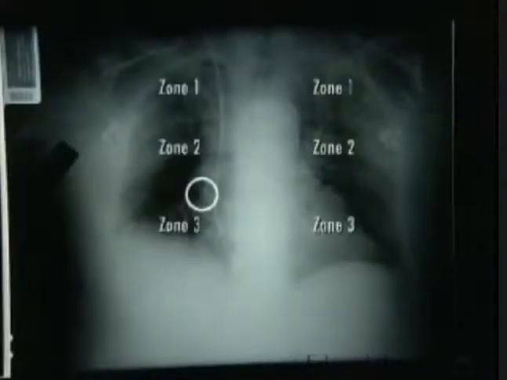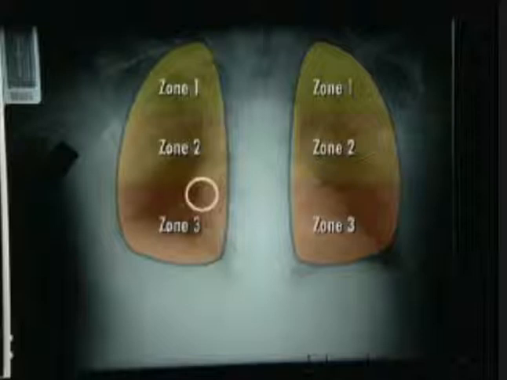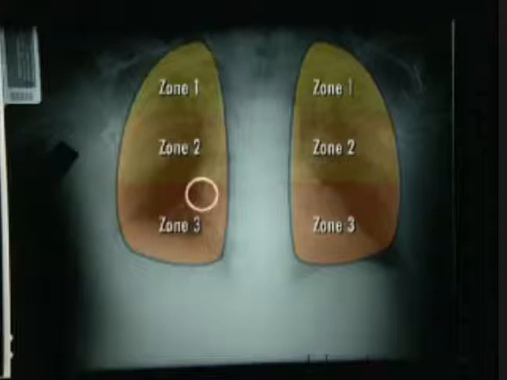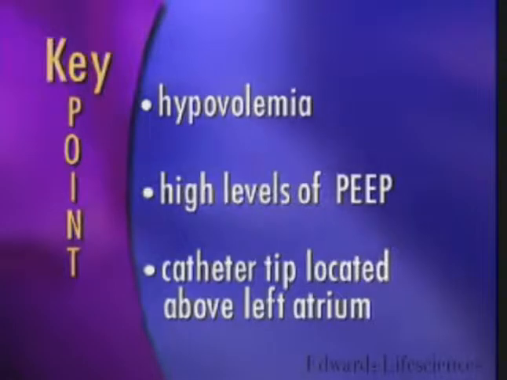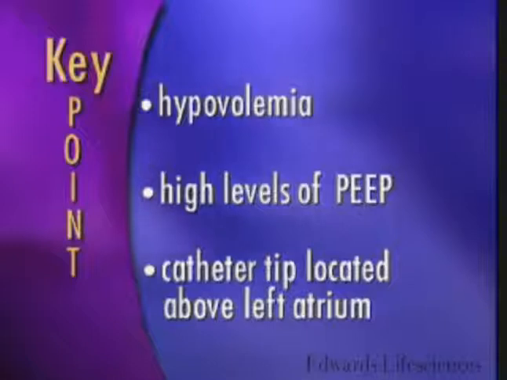As pulmonary artery catheters are flow-directed, most enter this zone naturally and allow accurate transmission of pressure through an unobstructed fluid path from the left atrium to the catheter tip. Certain clinical conditions can convert Zone 3 to the potentially less accurate Zones 1 and 2. These include hypovolemia, high levels of positive end expiratory pressure, heat, and catheter tip location above the level of the left atrium.